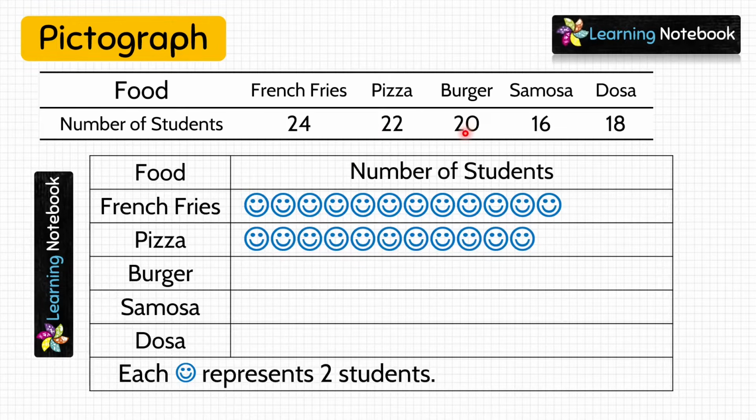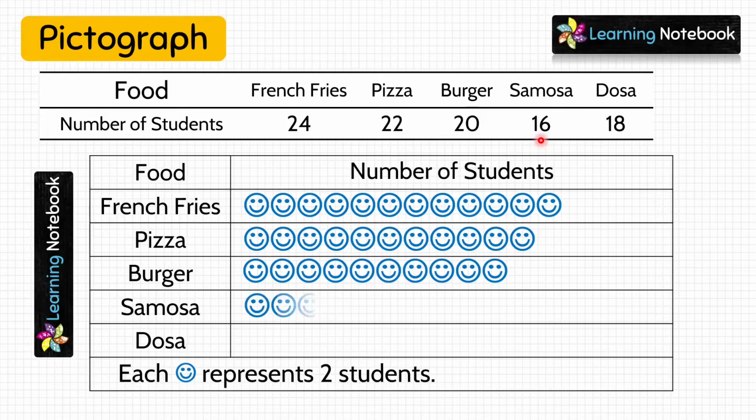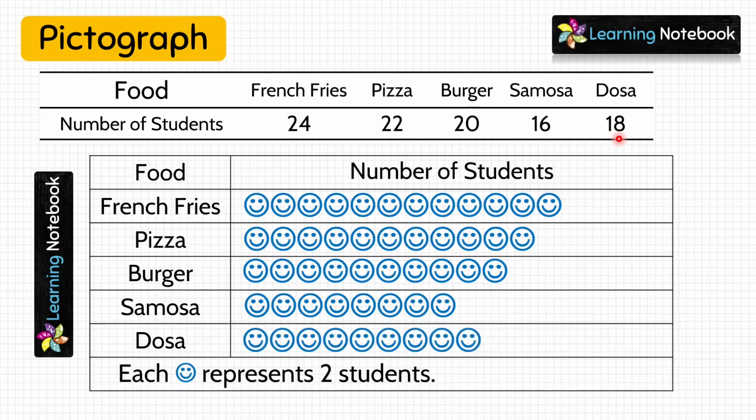Similarly, 20 students like burger. So let's make 10 smileys here. And in the same manner, 16 students like samosa. So we will draw 8 smileys. And then we will draw 9 smileys to represent the number of students who like dosa. So students, this is how we represent the data using pictograph.